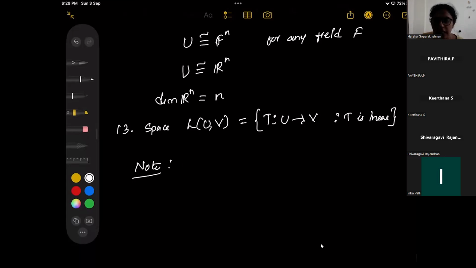here we have one question. What is the difference between a linear transformation and a function? Okay, so linear transformation, as we already stated, is a map from a vector space to a vector space which satisfies T(cx + y) = cT(x) + T(y).